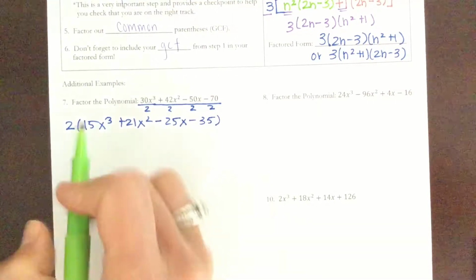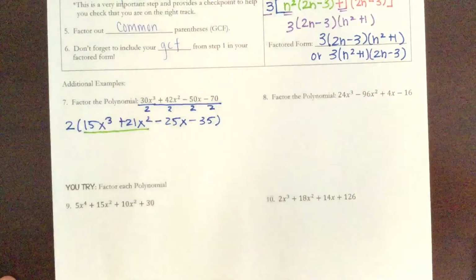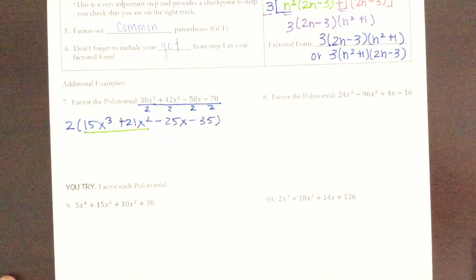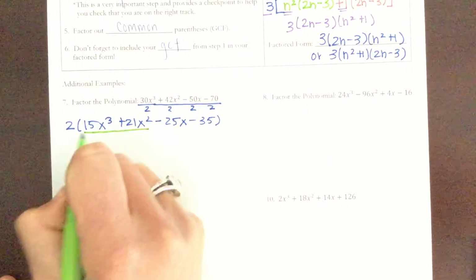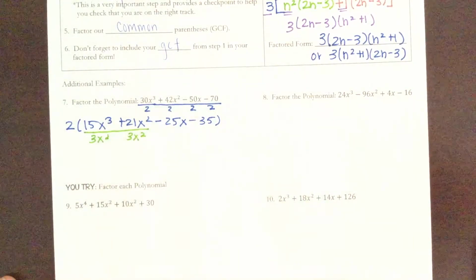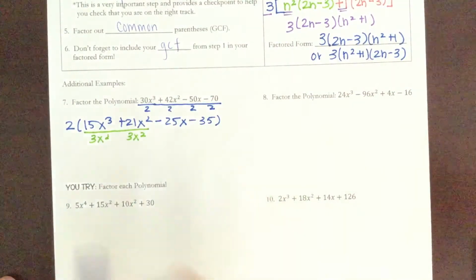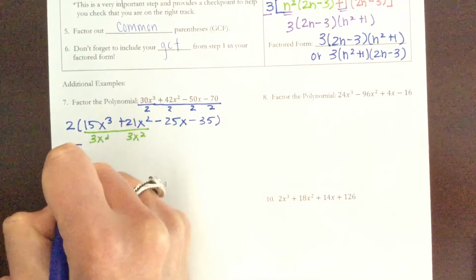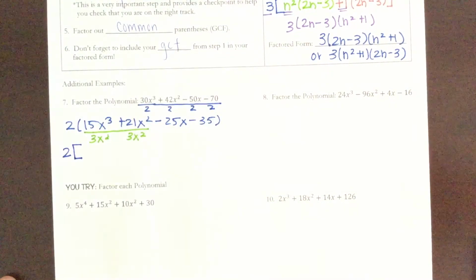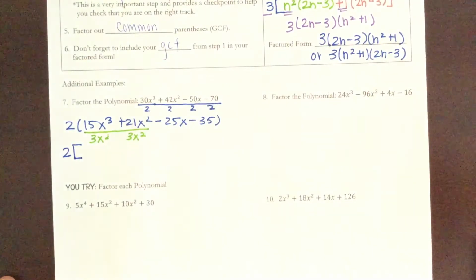The next step, we want to group the first two terms and factor out a greatest common factor. The greatest common factor of 15x cubed and 21x squared is 3x squared. So keeping the original 2, I'm going to introduce a grouping symbol to separate the GCF from the grouping problem I'm now working on.